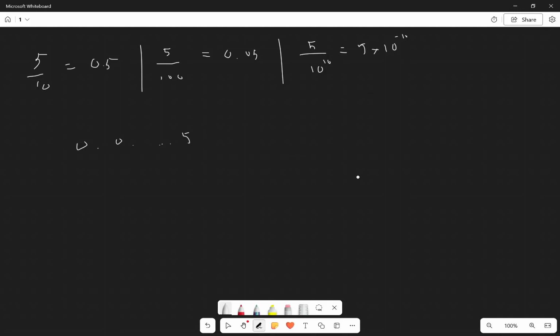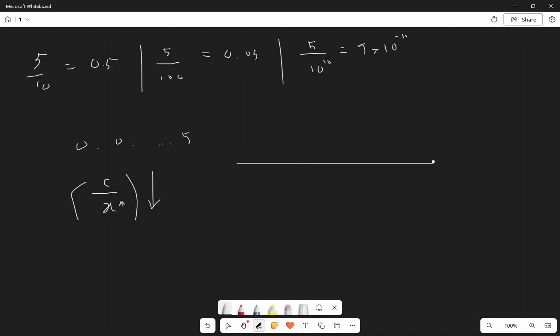So what I'm trying to point out is, let's say there is a constant c, and you divide it by value x. As the value of x increases, the overall value of this expression goes towards 0.